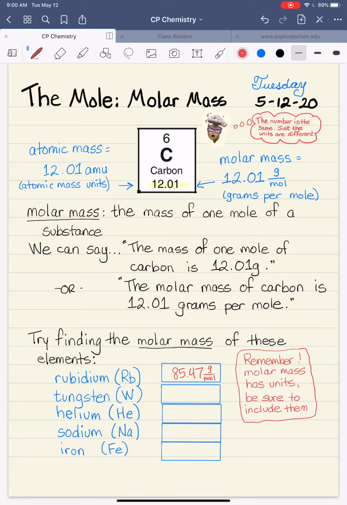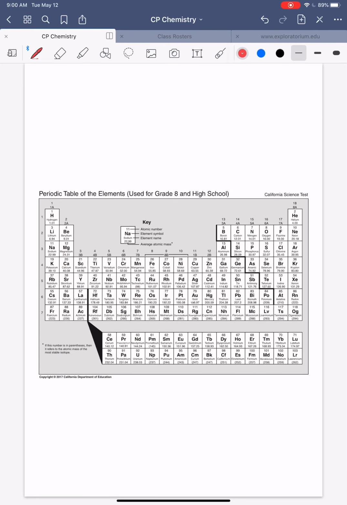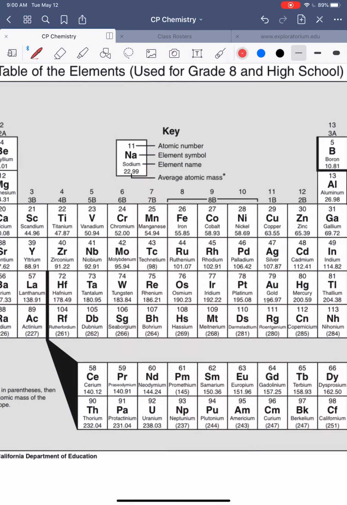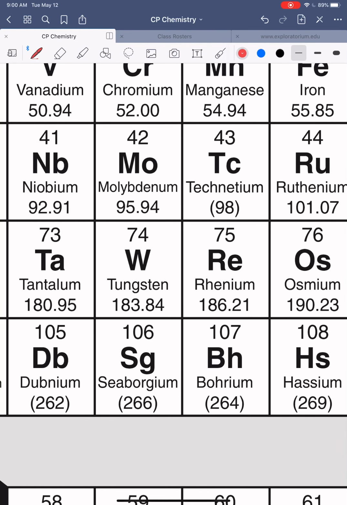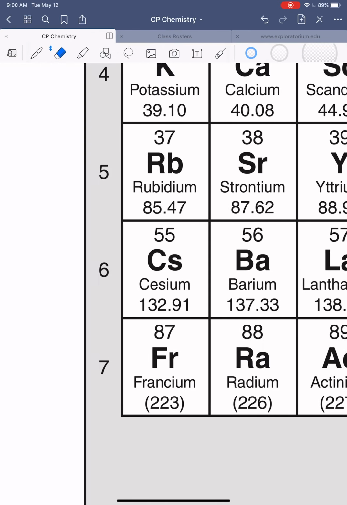All right, tungsten. Tungsten can be found kind of in the middle. 183.84 grams per mole. And look at me, I went ahead and wrote it.